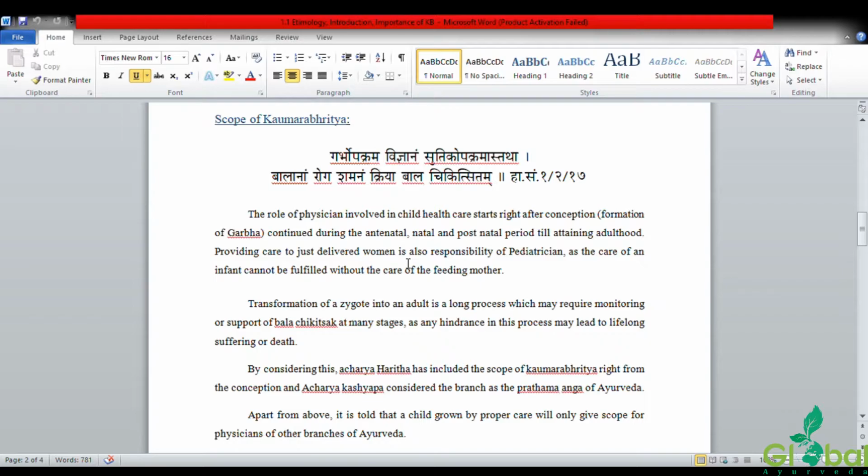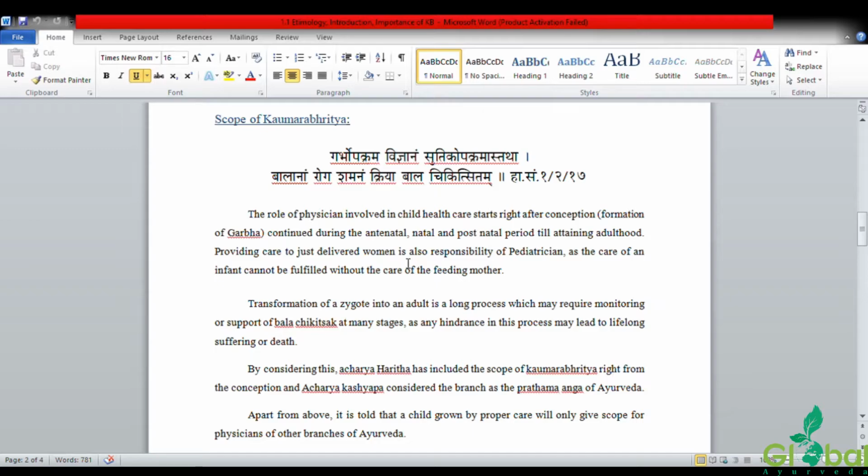Any hindrance in this process may lead to lifelong suffering or death, because diseases which cannot be managed in Balavastha can lead to complications or even death. Considering this, Acharya Harita has included the scope of Kaumarbhritya right from the conception, and Acharya Kashyapa considered the branch as Prathamanga of Ayurveda. That is the importance given by various authors in Ayurveda.